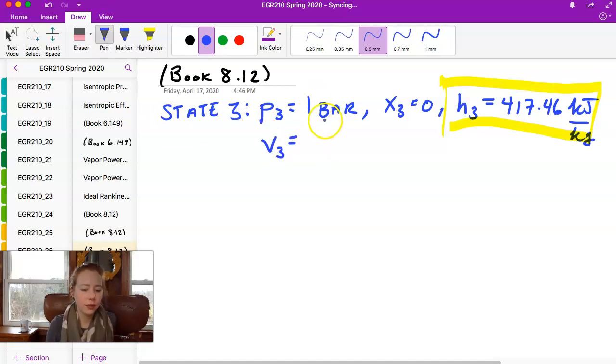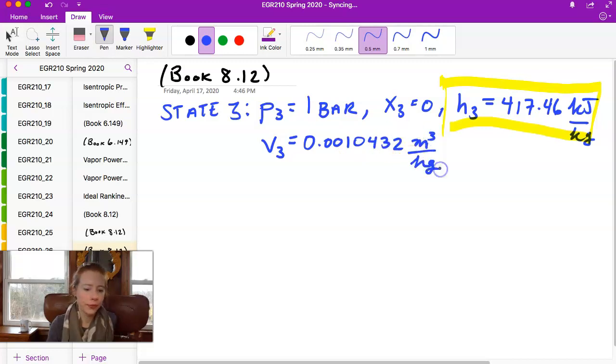V3 is going to be 0.00100432 meters cubed per kilogram, because we are going to need that for the efficiency of the pump. Now, let's look at state 4.